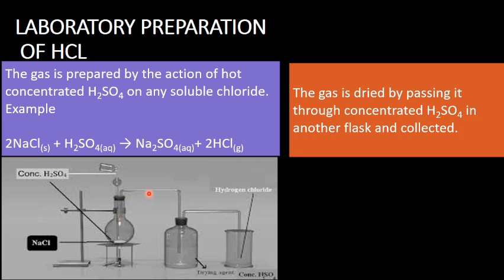Hydrogen chloride gas will be released, and this gas can then be dried in another jar where we already have concentrated H2SO4, also called sulfuric acid. Then the gas can be collected by downward delivery. Both chlorine gas and hydrogen chloride gas are collected by downward delivery because they are heavier than air.